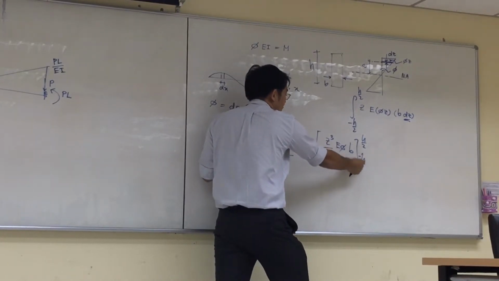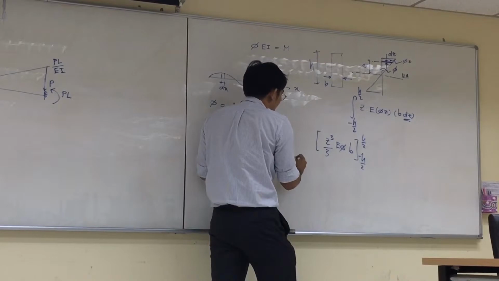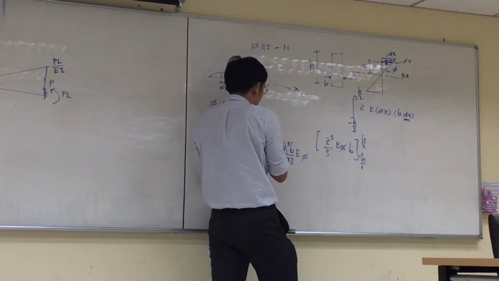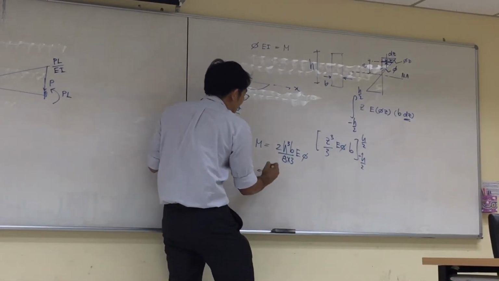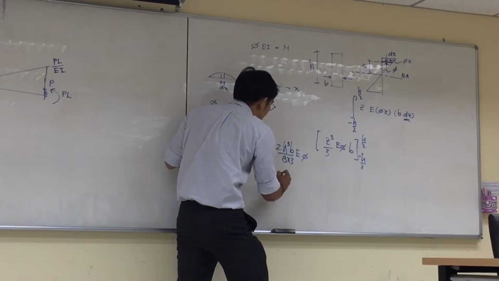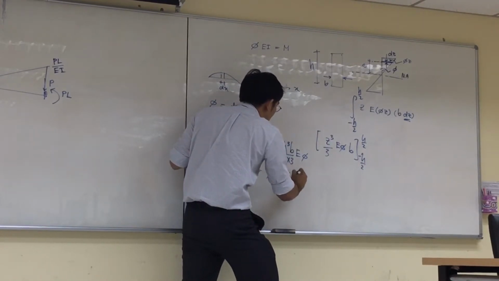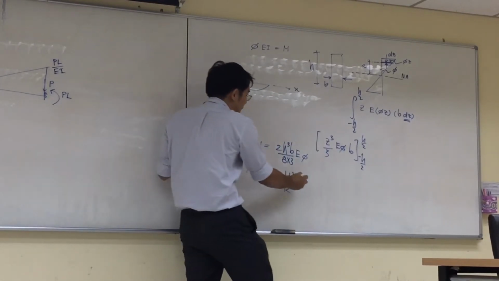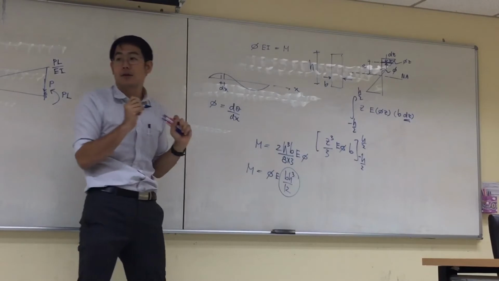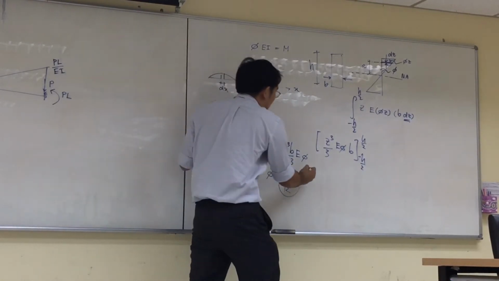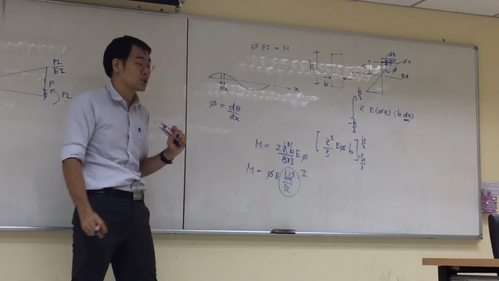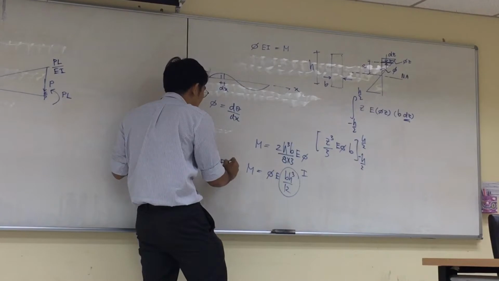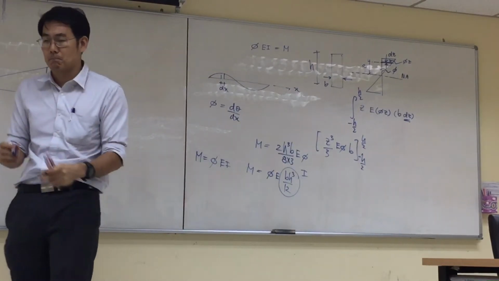Evaluate from here to here, multiply by 3 over here, and b over there, and E over there is equal to M. So we will end up with E times bh cubed over 12 equals M. And the bh cubed over 12, this thing is the I, the second area moment of inertia. So that constitutes these relationships of phi EI equals to M.